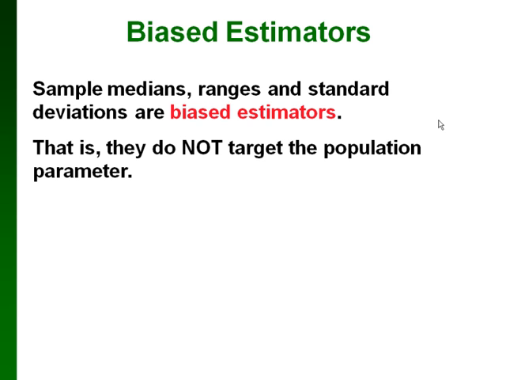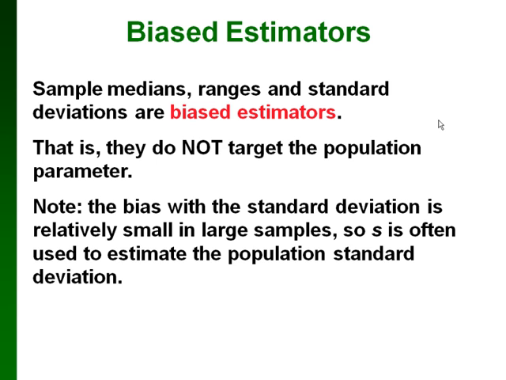So these three do not target the population parameter very well. There's one exception to this though. The bias that the standard deviation has is really small in larger samples. You'll see a lot of cases where we do use our sample standard deviation to estimate our population standard deviation.